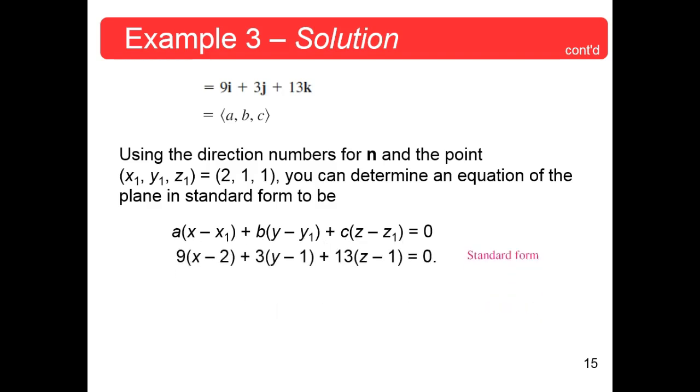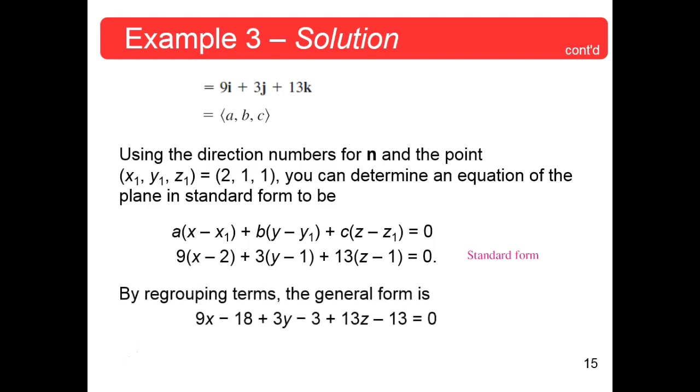So it's 9 times x minus 2 plus 3 times y minus 1 plus 13 times z minus 1. Okay. And then you regroup them. That's your standard form.